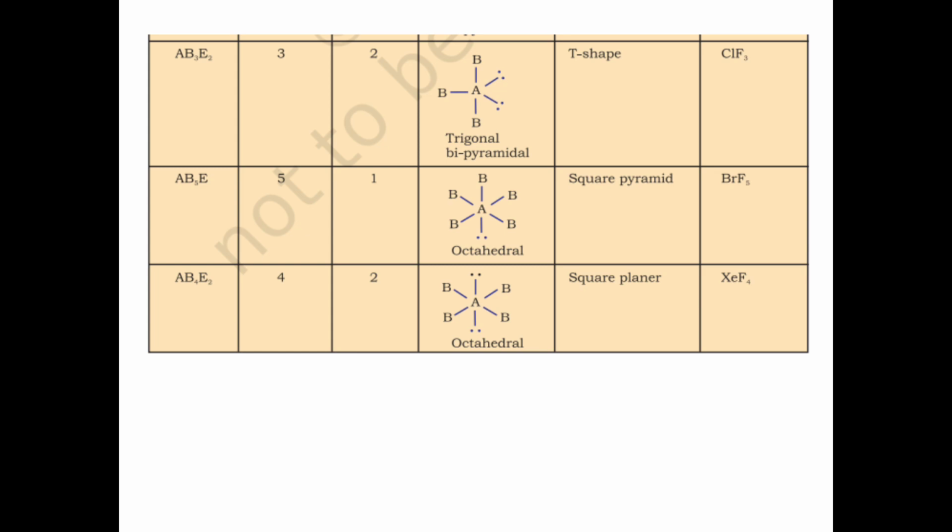For AB5E, it is square pyramidal, BrF5. For AB4E2, that is square planar, XeF4.